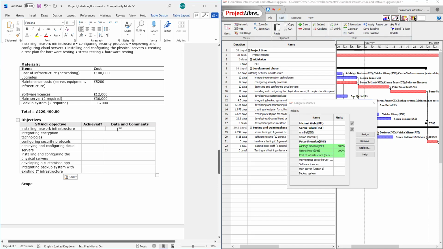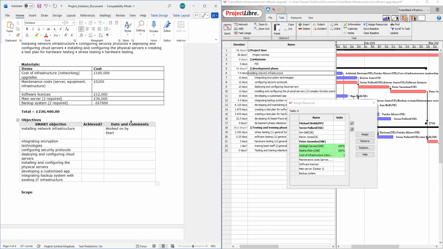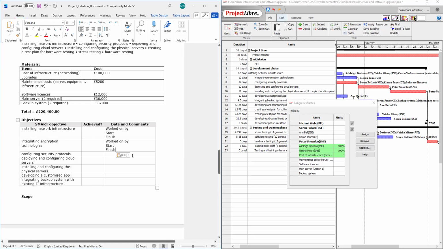All right, we're going to put work done by Ashley. And then I'm going to put start, because I'm going to say it's achieved. So I'm going to put yes. If it's not achieved, you don't have to put finish, but I'm going to put finish here. Right, and I'm going to just copy and paste all of this under all of them to make it easier.